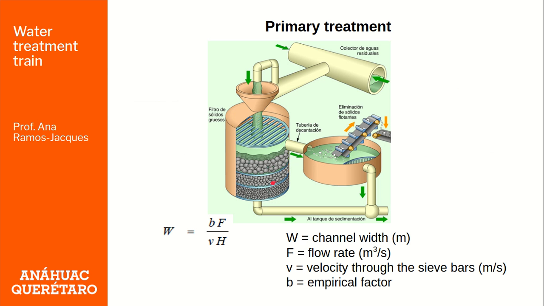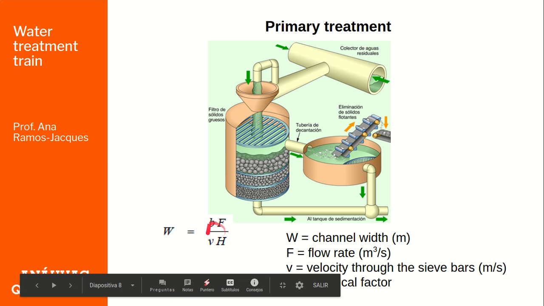You can see that primary treatment consists of a large container where small particles sediment at the bottom. Here you have the equation to obtain the channel width.